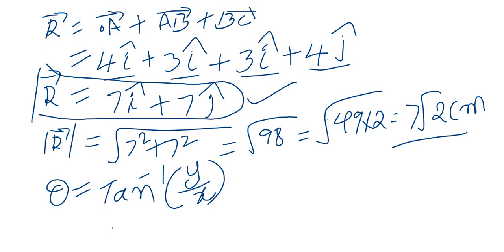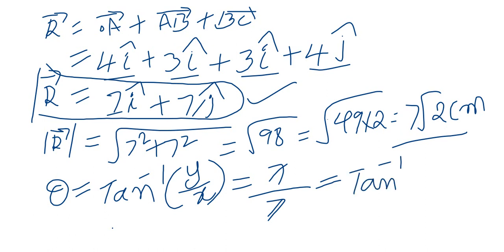Here the value of y component is 7, x component is 7. So tan inverse of 1. Tan theta is 1 when theta is equal to 45 degrees. Tan 45 is 1. Theta is 45 degrees.